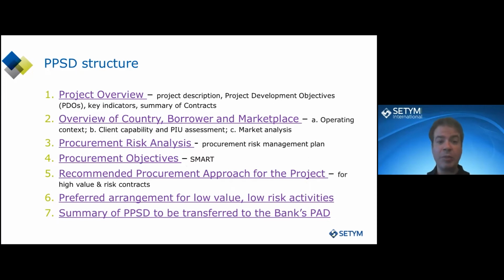I'll discuss that later, but with this, we analyze several dimensions of the project and identify possible risks, possible problems. Then we move on to the central part, the risk analysis, risk management plan, and it determines what happens after the procurement objective. And 5, 6, 7 would be, let's say, the procurement approaches.